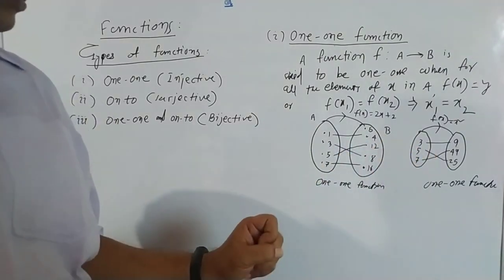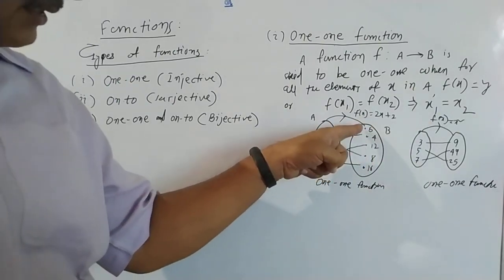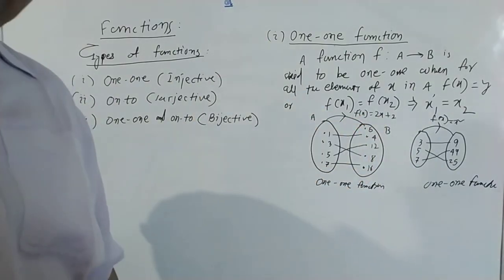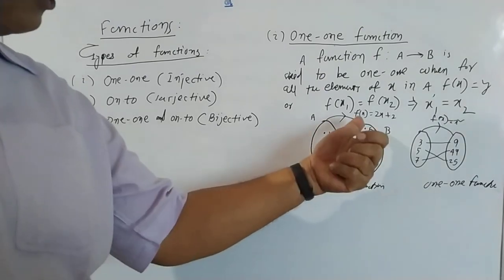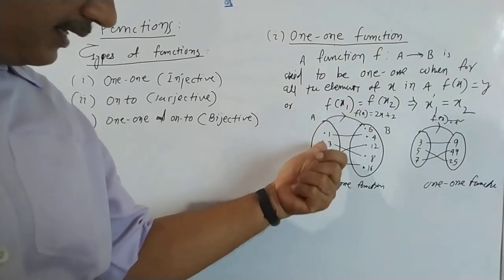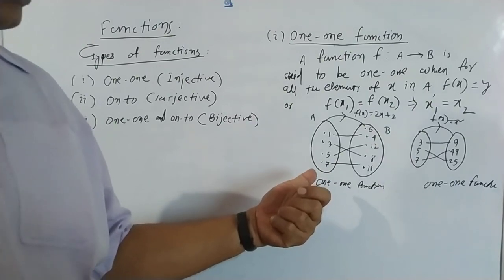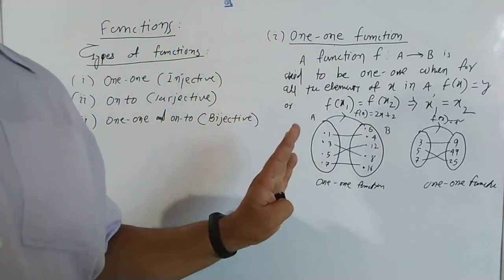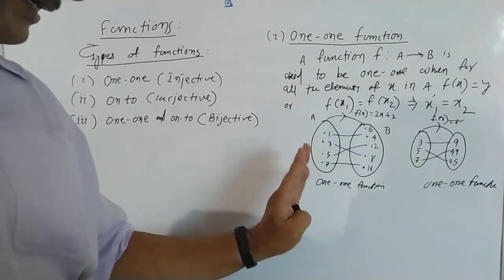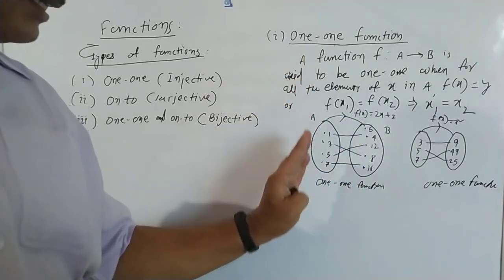The difference is that there is an element 5 in set B which is not an image of any element in set A. So 5 is not an image, but it is immaterial. You just focus on set A. What are the elements in set A?